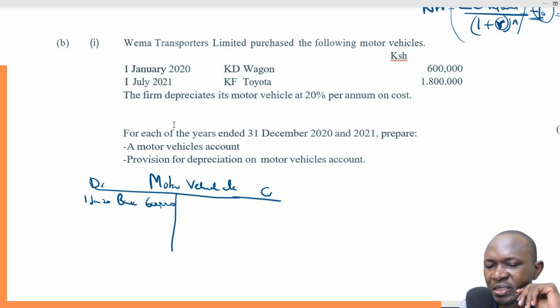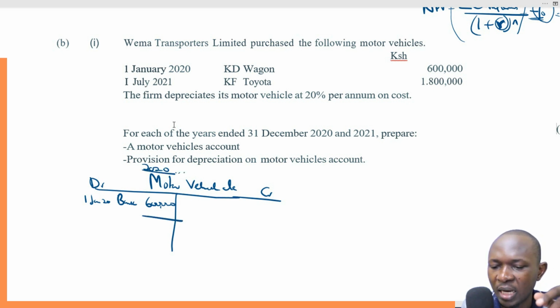So for 2020, this is how it will look. We are done: 600,000.